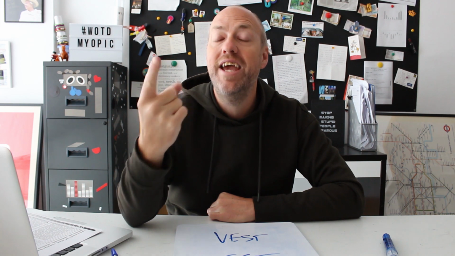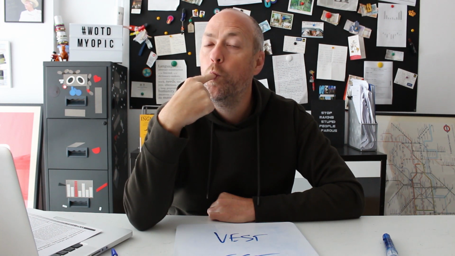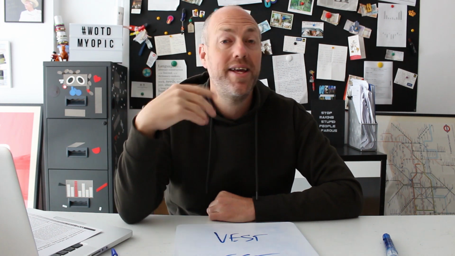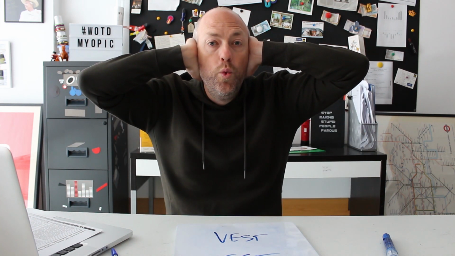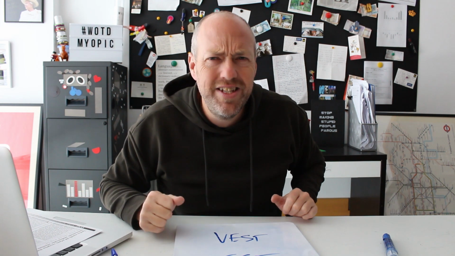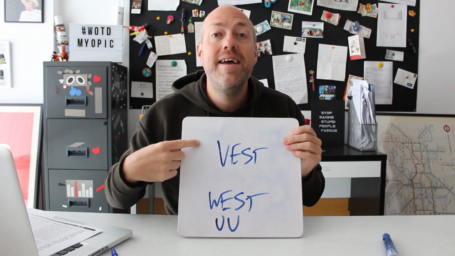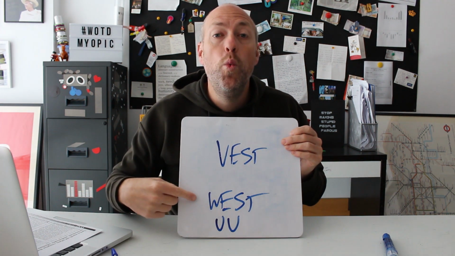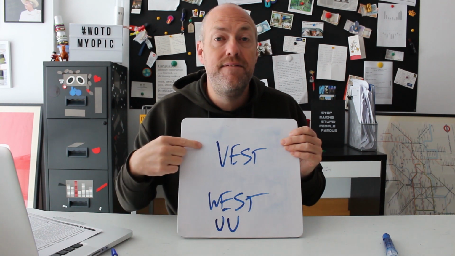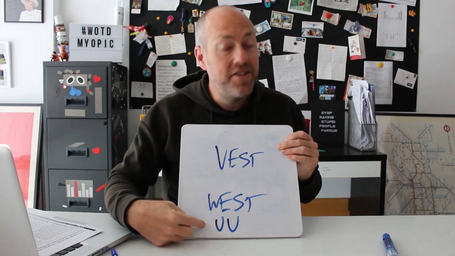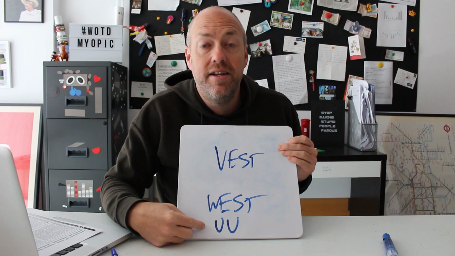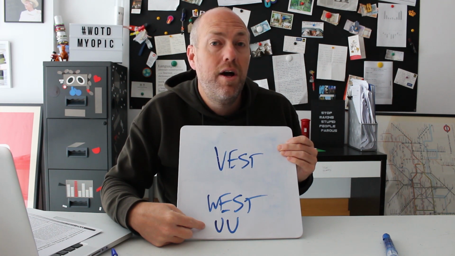It's like you're kissing the end of your finger. Ooh. And again, because it's a vowel, we have our voice activated. Ooh. So you can see totally different mouth positions. Vest, west, vest, west. This is the same sound that you'll find in swimming pool.